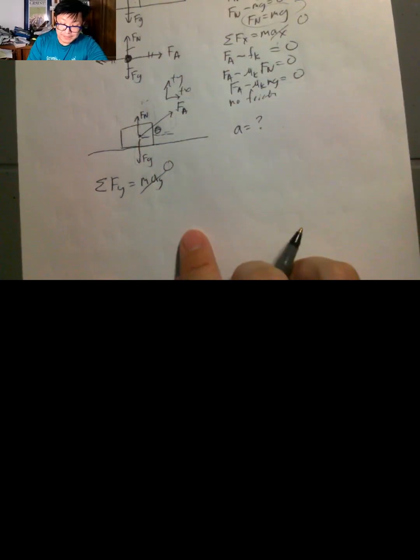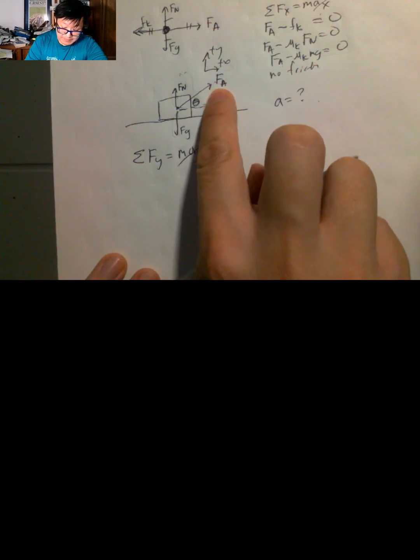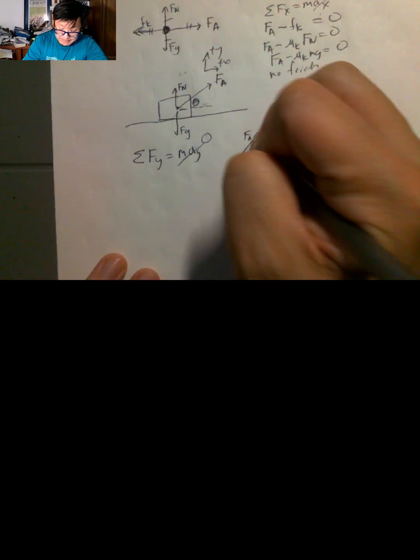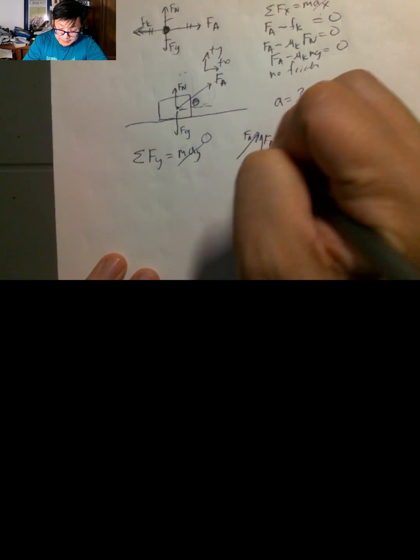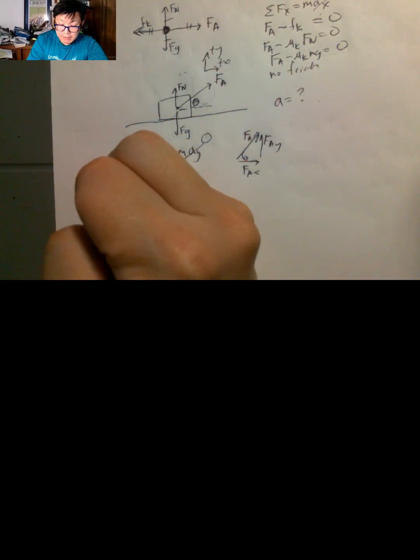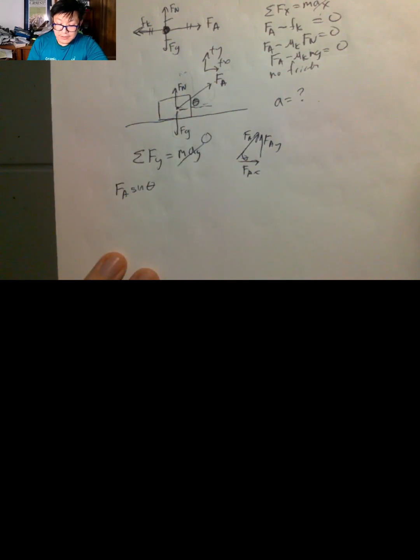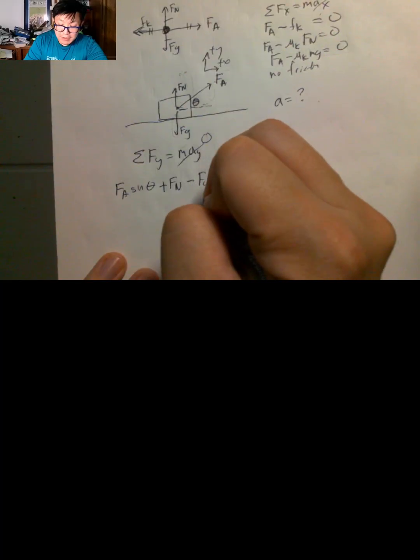Acceleration in the y direction is 0 because this block is neither moving up nor down, nor accelerating up or down. So the component of the applied force in the y direction, again we can break these up into triangles, would be the applied force sine theta, and it's positive because it's going upward, plus the normal force minus the force of gravity is 0.